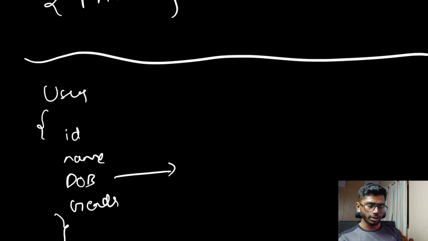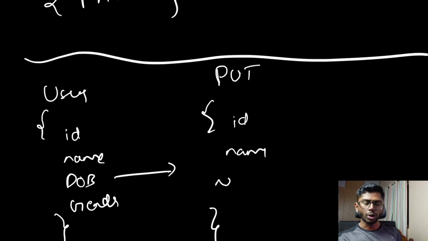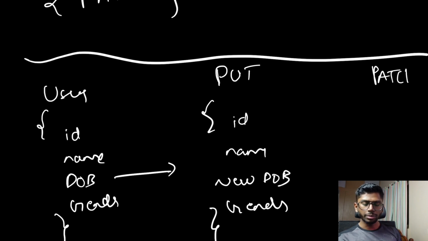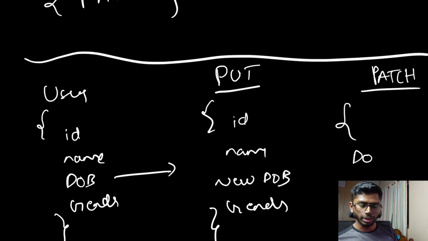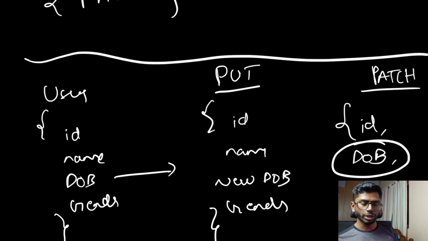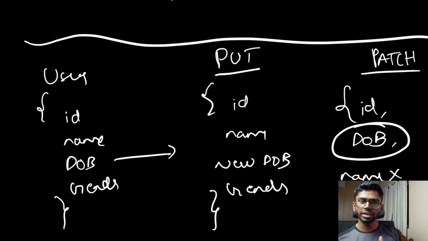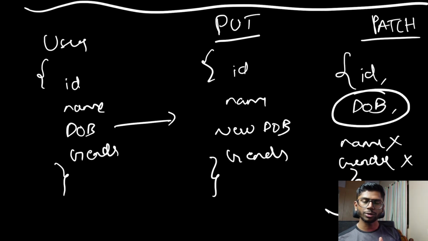We used to pass ID, name, and so on. But in PATCH, what we are doing, we are only passing date of birth and maybe the user ID for identifying which user it is. So we are only passing the date of birth and we are not passing name and we are not passing the gender. So this is not going to replace the entire row in the database, but rather goes and replaces only that date of birth attribute.